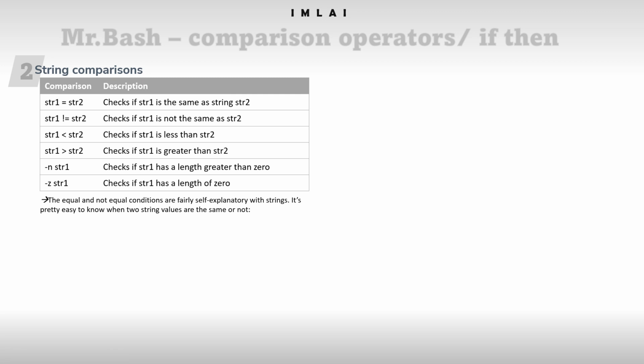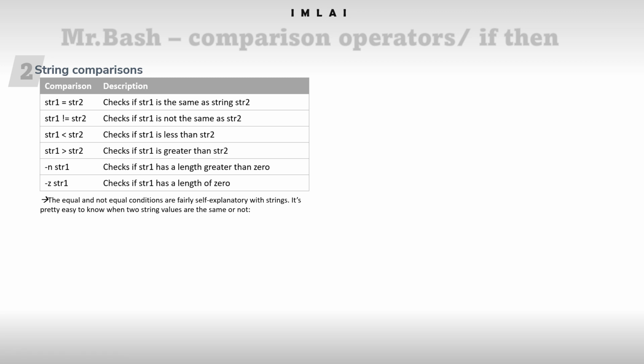If they're the same the output would be 1, if they're not the same the output would be 0. The same thing will be applicable with the not equal to condition, the less than condition, the greater than condition, and then we have the 0 condition.